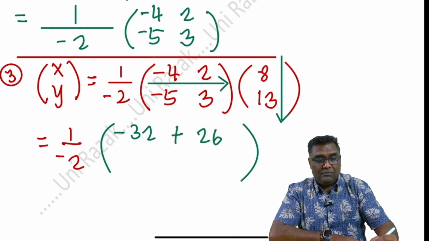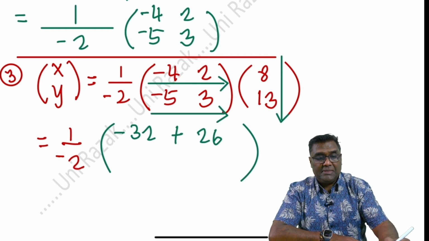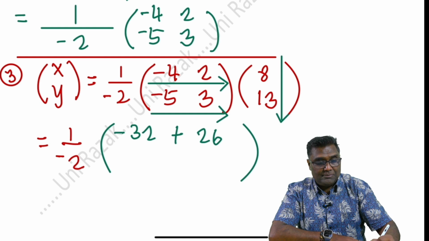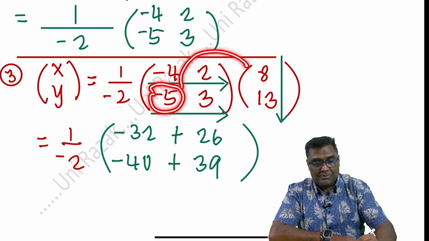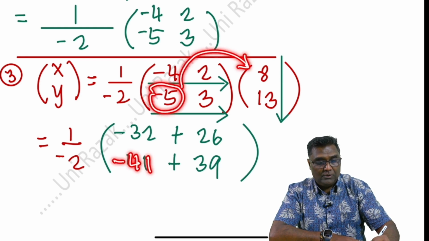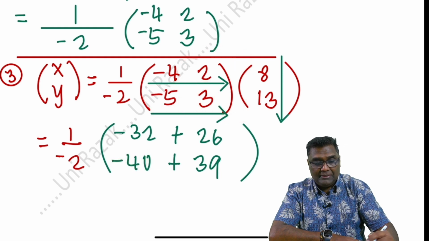I do the same thing for the bottom row now, same principle. -5 times 8, -40, plus 3 times 13, 39.